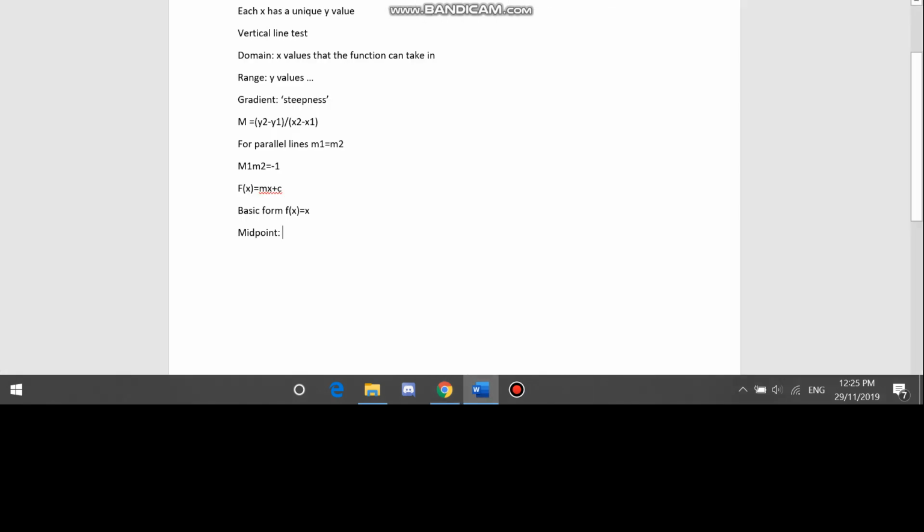This is calculated by the formula: the average of the x coordinates, so x1 plus x2 all over 2, would be its x value, and the y value would be the same, so y1 plus y2 all over 2.